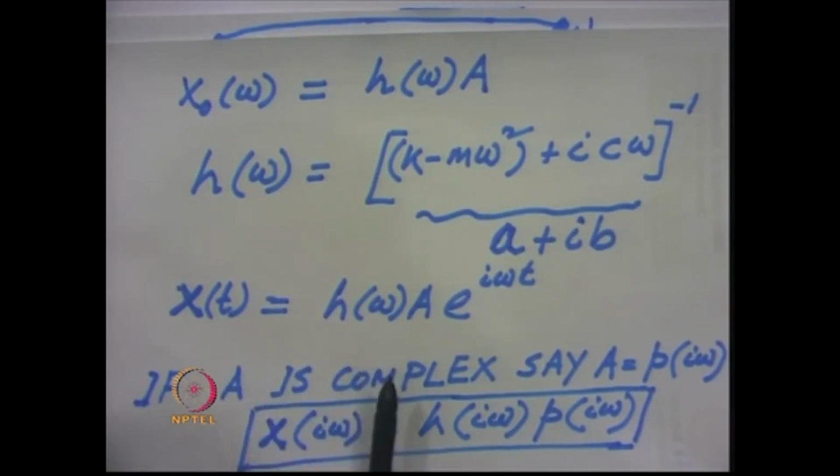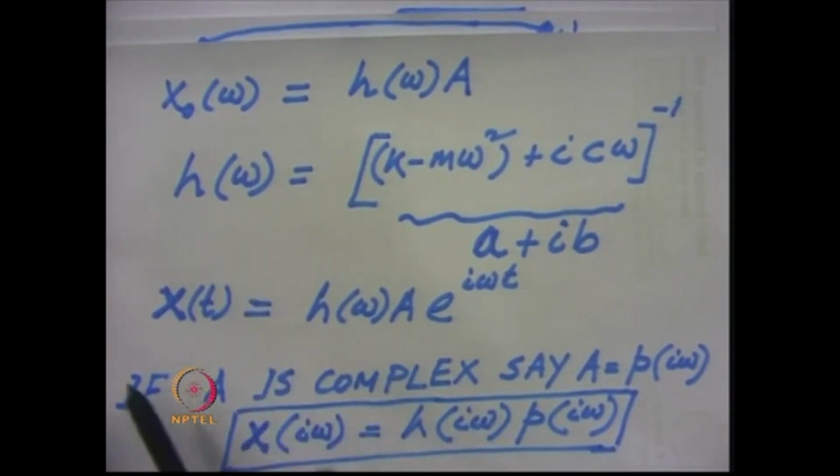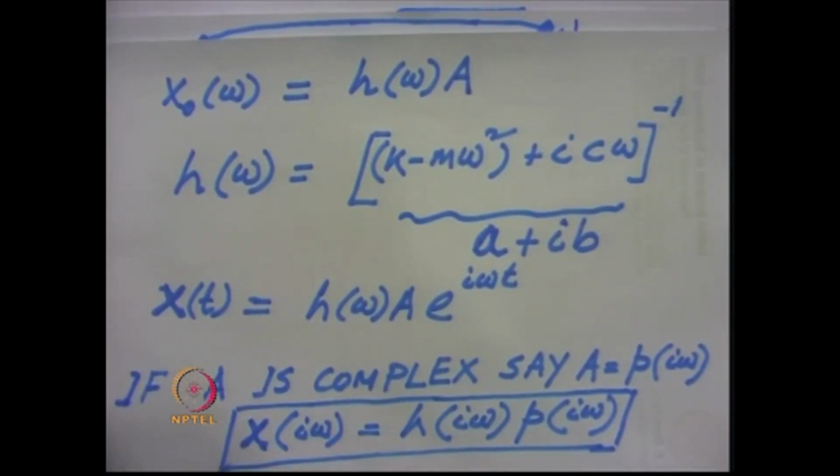If A happens to be a complex quantity, say A is equal to P i omega, which will be the case for us for specified ground motion, then one can write down X i omega is equal to H i omega multiplied by P i omega.